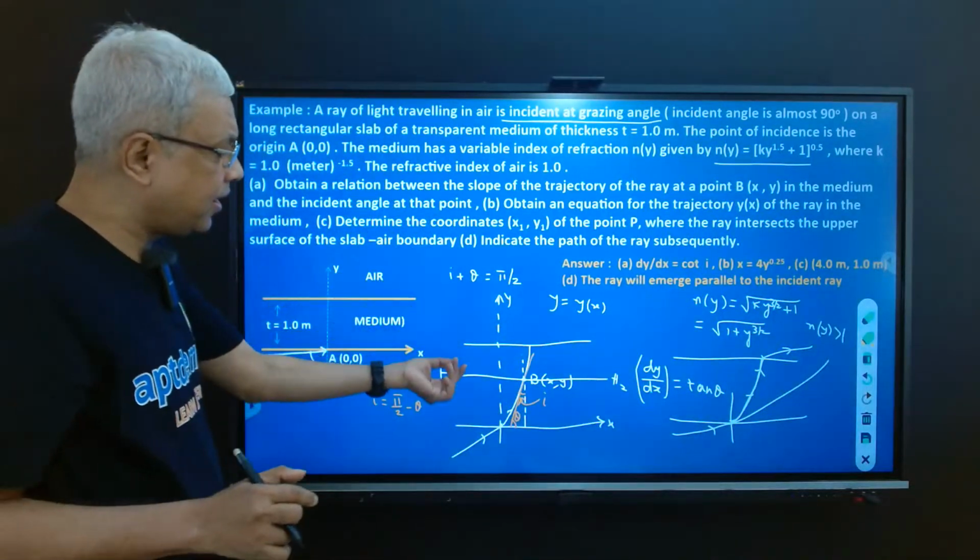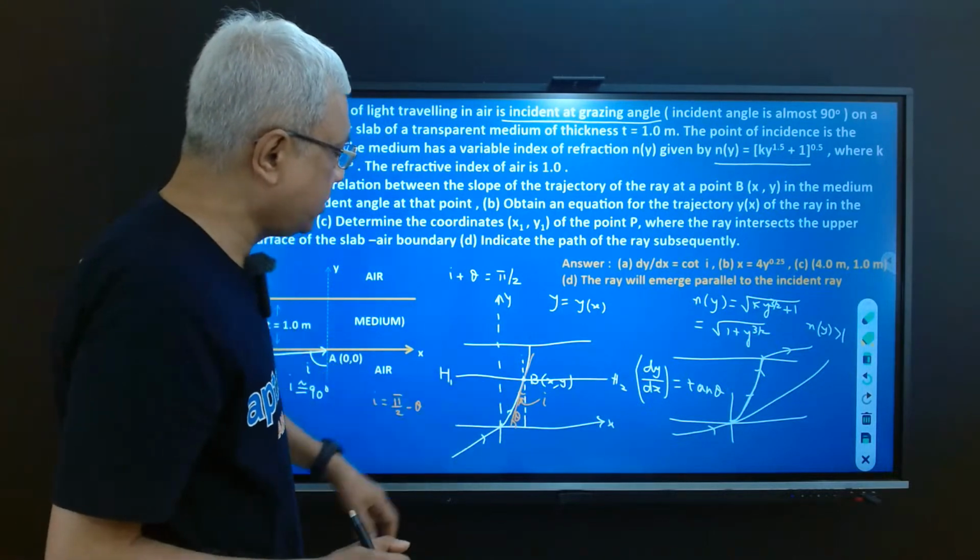Now how are theta and the angle of incidence I related at this point?